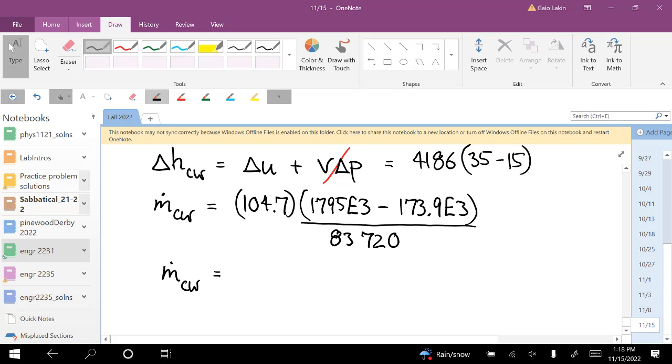I got 2027.4. We got the same. 2027.4 kilograms per second.